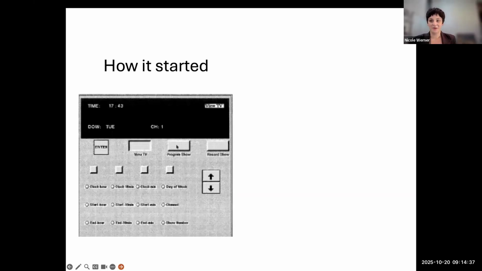I have this picture on the screen because I just like to center everyone in how I started my work. When I was getting my PhD, I did experiments in the basement of the psychology building where I invited undergraduate psychology students to program a VCR, which no one even knows what that means now.